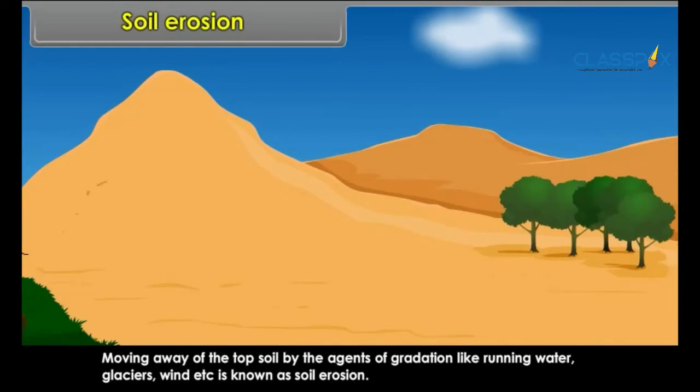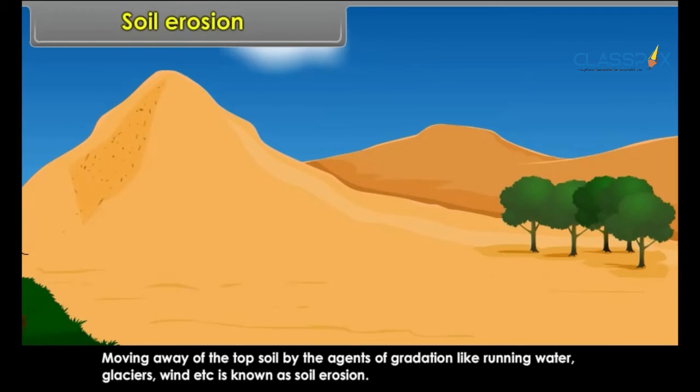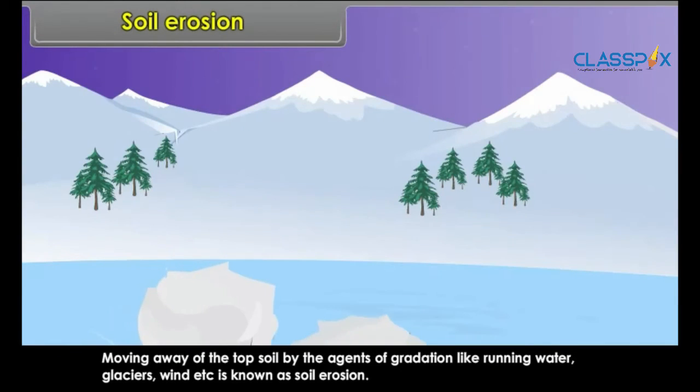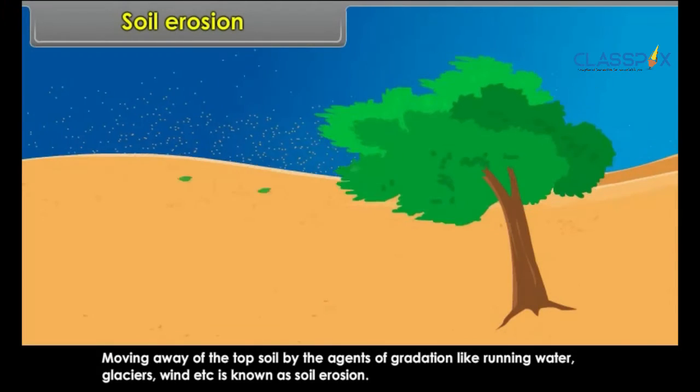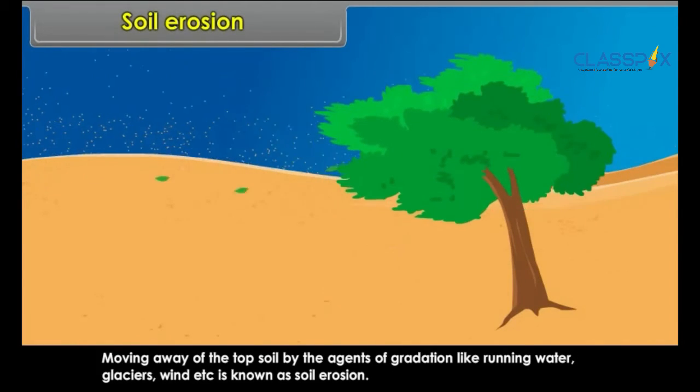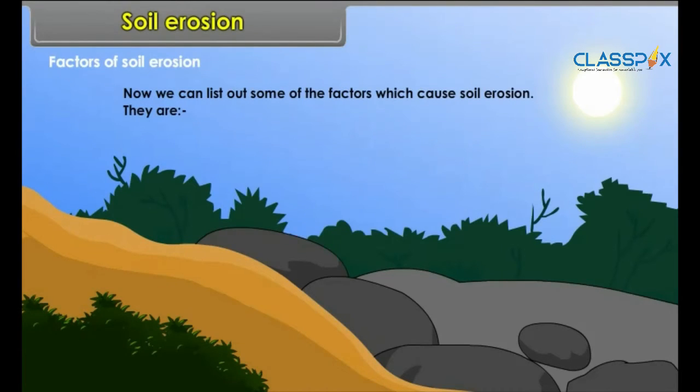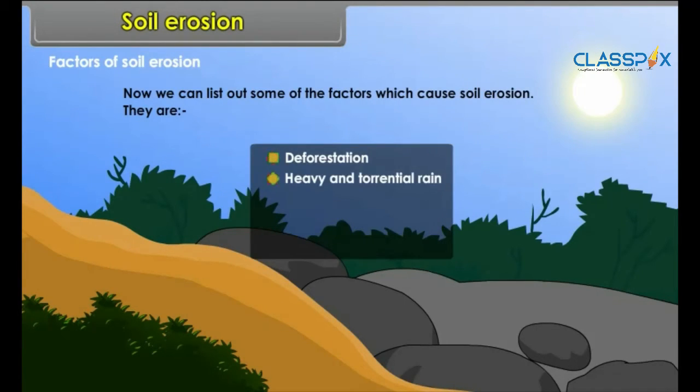Or, in other words, moving away of the topsoil by the agents of gradation like running water, glaciers, wind, etc. is known as soil erosion. Factors of soil erosion. Now we can list out some of the factors which cause soil erosion. They are deforestation, heavy and torrential rain, overgrazing, winds, slope of the land.